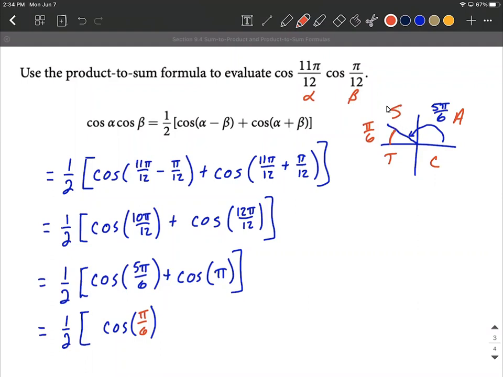Well, only sine is going to be positive in the second quadrant. We're dealing with cosine in the second quadrant. So we have to be careful that when we insert that reference angle in, this is the place where you want to include a negative out in front. Because cosine of 5 pi over 6 was in the second quadrant, cosine is going to be negative in the second quadrant. When we plug in that reference angle, you need to include a negative out in front here.